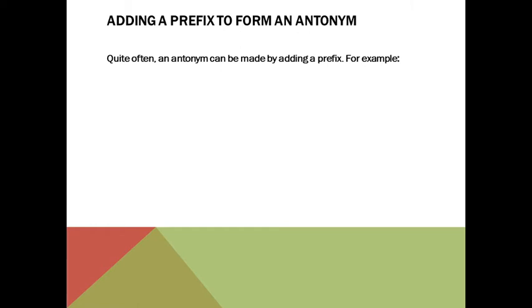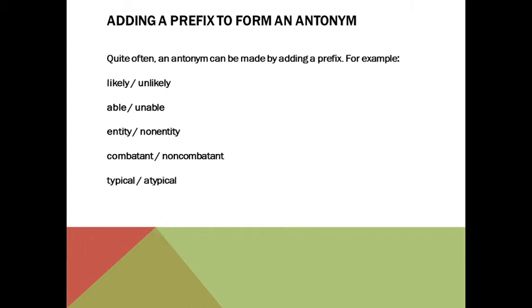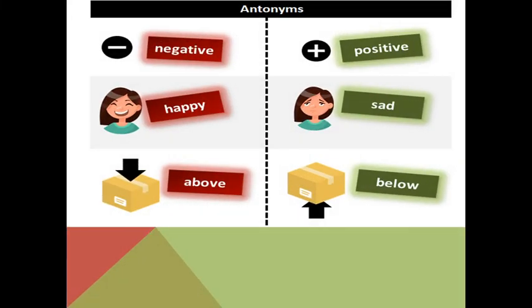Quite often, an antonym can be made by adding a prefix, as in these examples: like and unlike, able and unable, entity and non-entity, competent and non-competent, typical and atypical, symmetrical and asymmetrical, decent and indecent, agree and disagree.